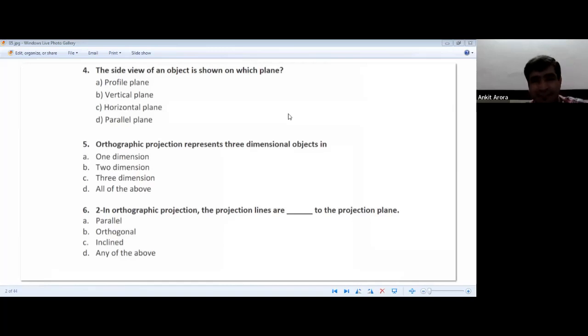The horizontal and vertical planes are not parallel to each other, they're perpendicular to each other. Similarly, profile plane and vertical plane and horizontal plane are all perpendicular to each other, right? But there could be multiple parallel planes, right? You could create different horizontal planes at different levels, right? So two planes that are parallel, they could be called parallel plane. That's how I would go about it.